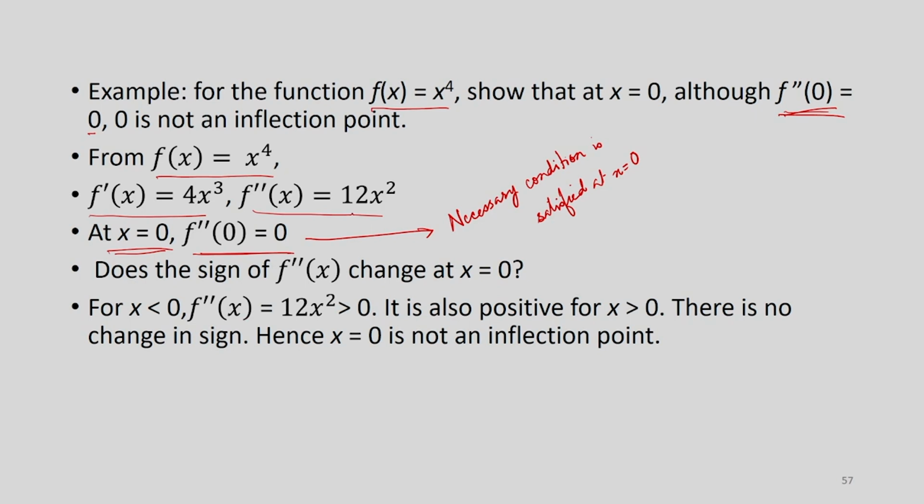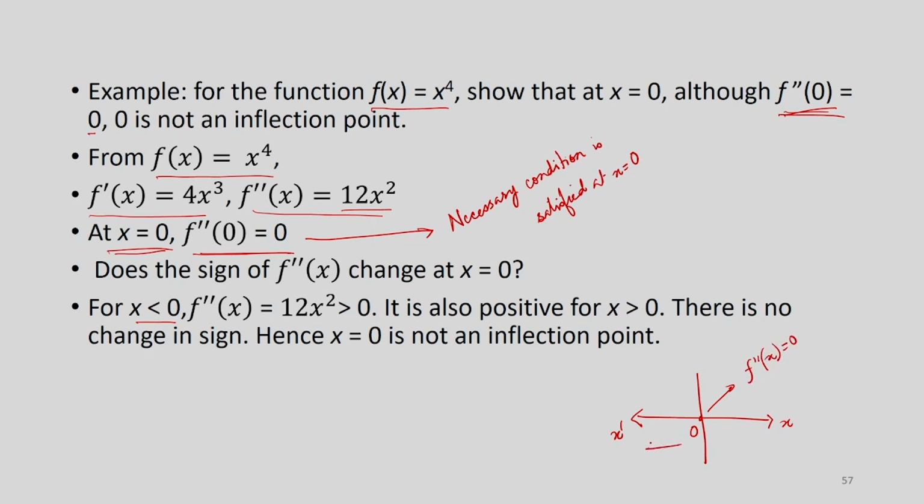Now, f double dashed is equal to 12x square. Now, suppose x is less than 0. So, that is to the left of x is equal to 0. So, think about this, you have x here, 0. Okay. At this point, f double dashed is equal to 0.